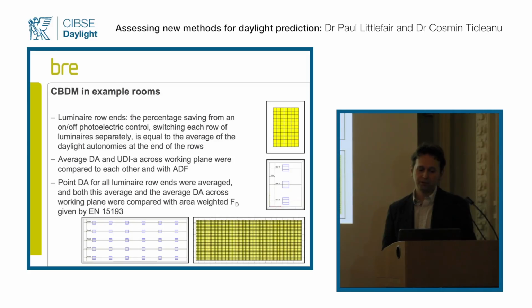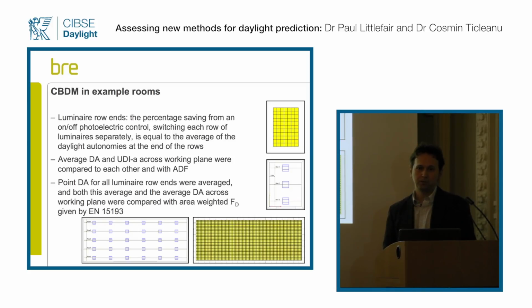We also average, as I already mentioned, the point DAs for luminaire row ends, and this average and the average daylight autonomy across the working plane, we compare them with the so-called area-weighted daylight dependency factor, as given by the European standard.